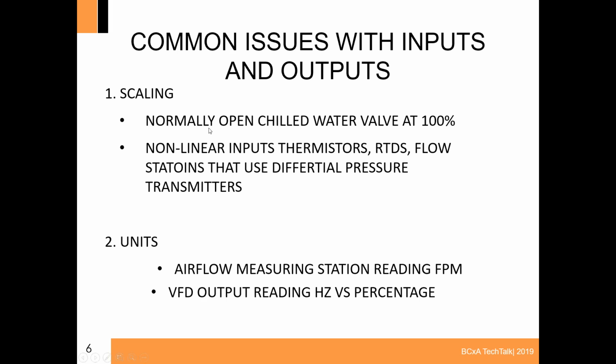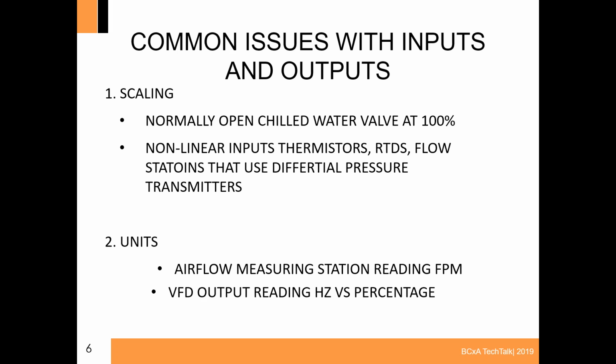So that's an issue of scaling that can be easily corrected that you should look out for. In that example, chilled water valves. When you have inputs like CO2 sensors, you've got to confirm that if it's a 0 to 10 volt device and CO2 sensors, let's say 0 to 2,000 parts per million, that 10 volts means 2,000 parts per million.